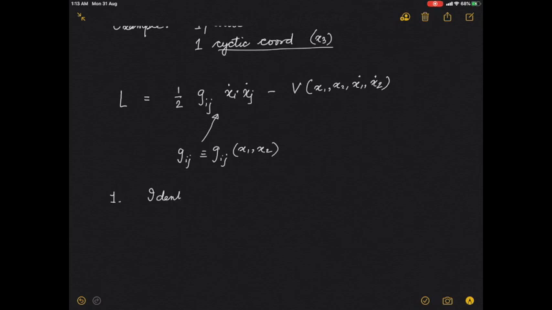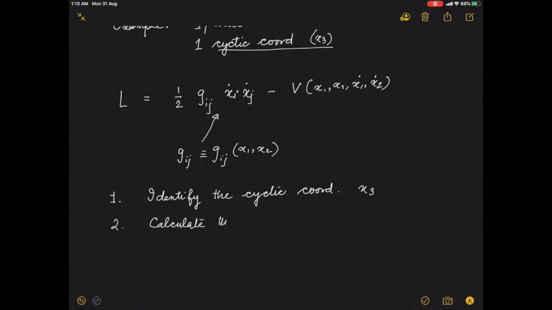First thing is to identify the cyclic coordinate. So now I am coming to the prescription. In this case it is x3. Calculate the momentum, which obviously we'll call p3, corresponding to x3.